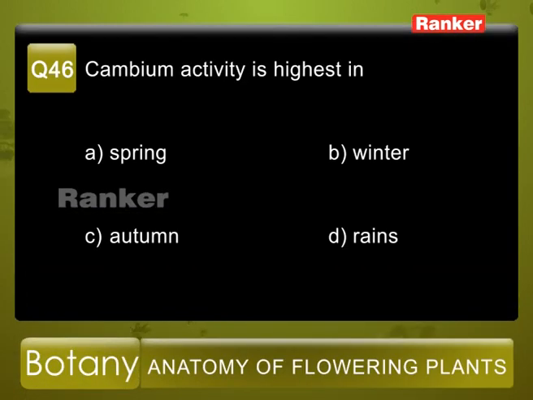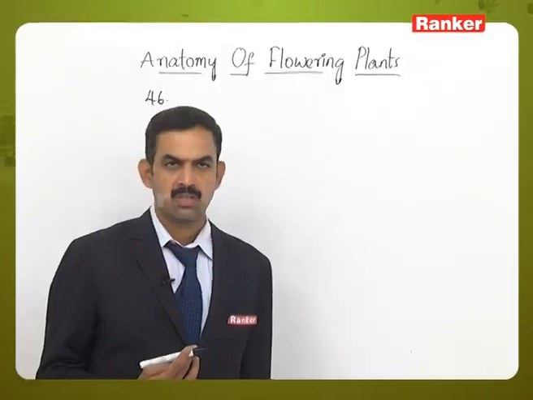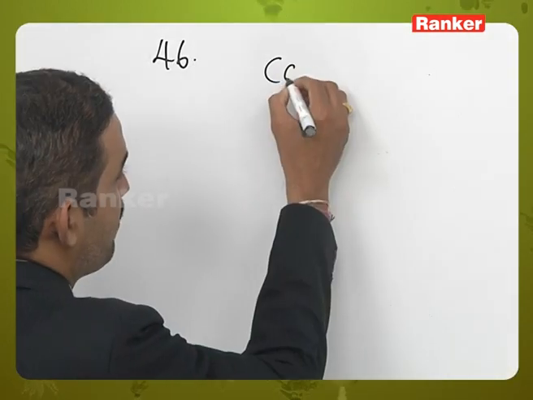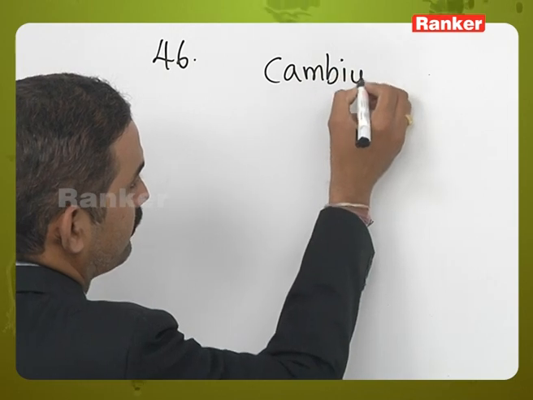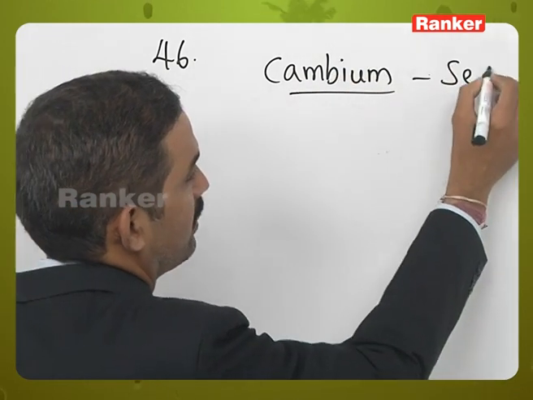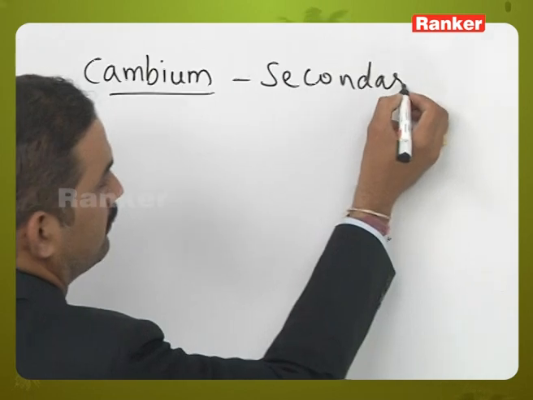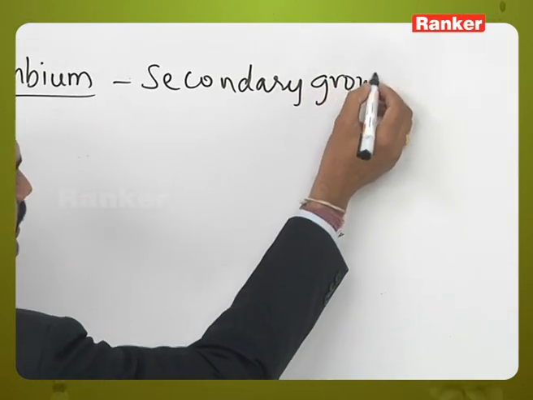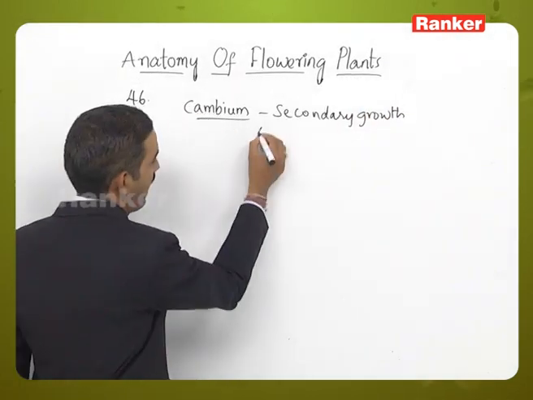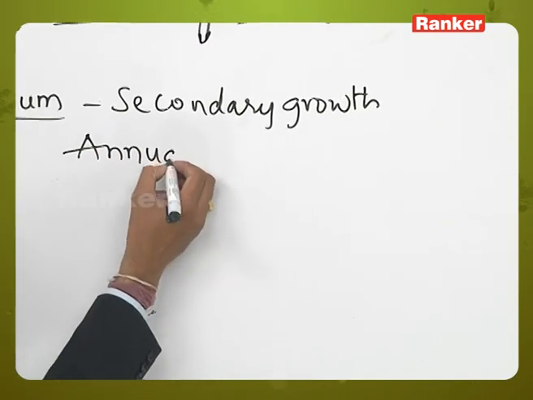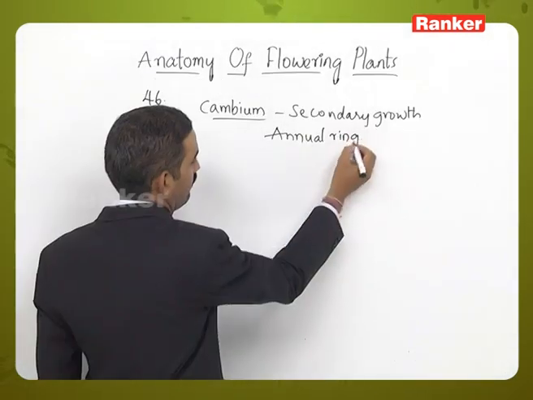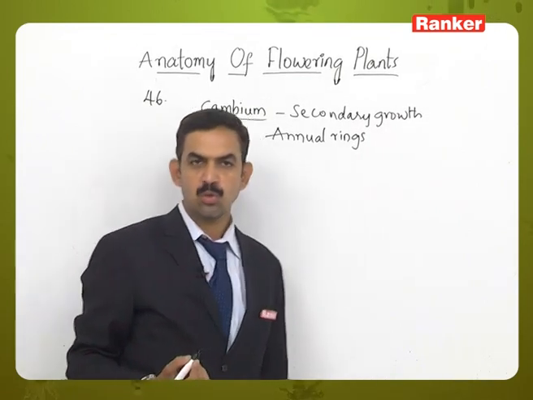Question number 46. Cambium activity is highest in the given options: A spring, B winter, C autumn and D rains. So here cambium is the one which helps in secondary growth, and it may lead to the formation of annual rings, or growth rings.